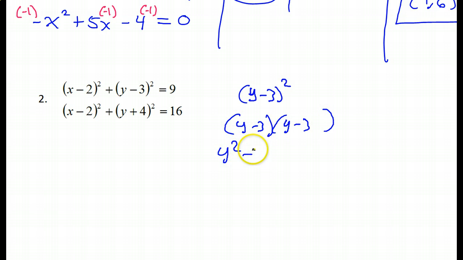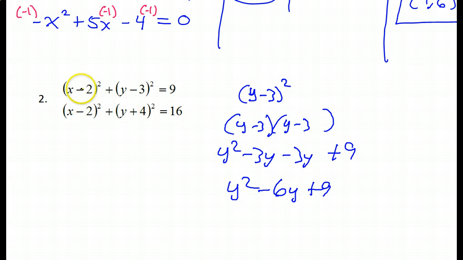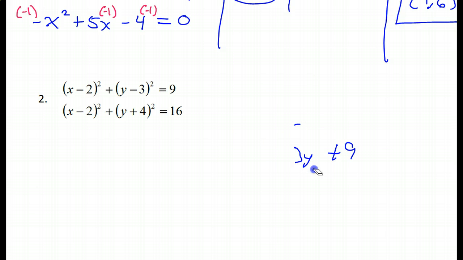So that'll be y squared minus 3y minus 3y plus 9, y squared minus 6y plus 9. I'm going to be doing this to all 4 of these things. But I can make my life a little bit easier if I notice ahead of time.